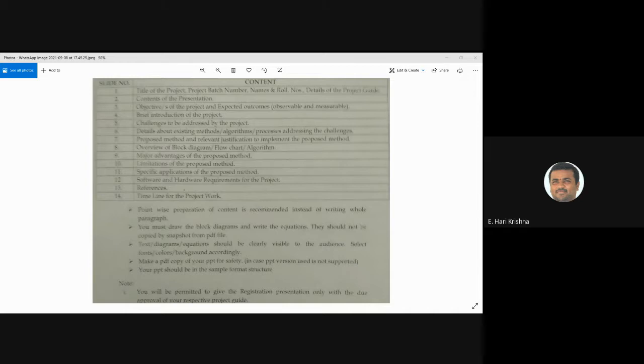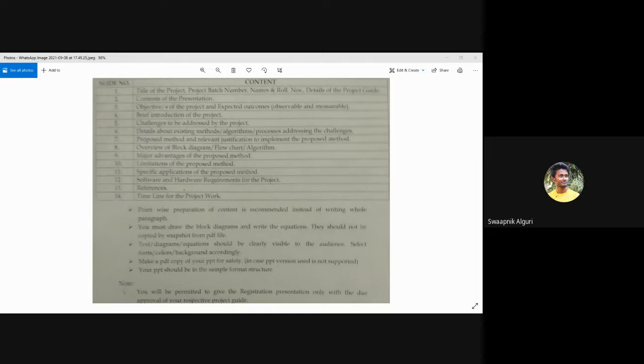It may be IEEE Transactions on Instrumentation and Measurement, IEEE Transactions on Biomedical Engineering, IEEE Transactions on Biomedical Circuits and Systems, likewise, and Elsevier and Springer. Top journals, you just refer. For the existing methodology, you may give some 5 to 6 references and a brief one-line explanation related to each paper should be addressed in this point.